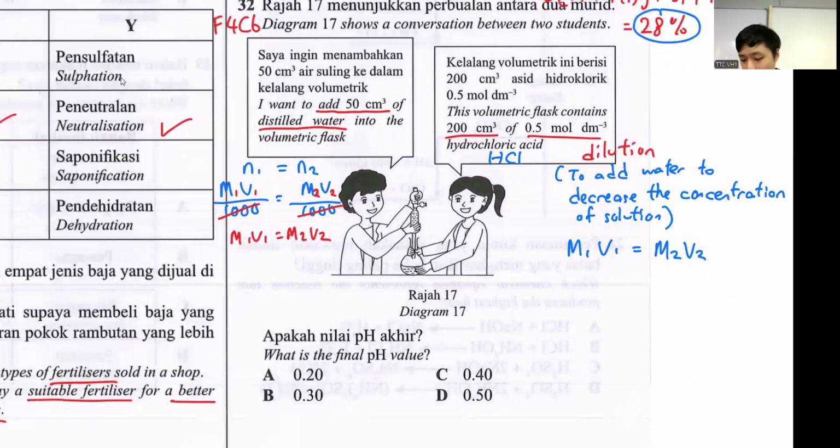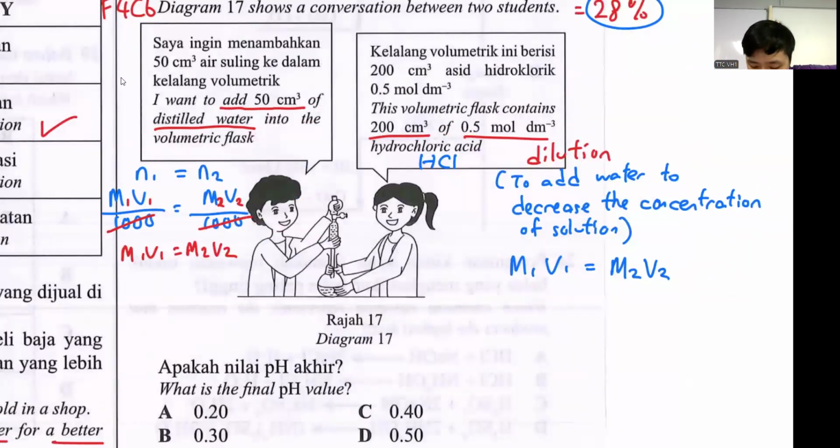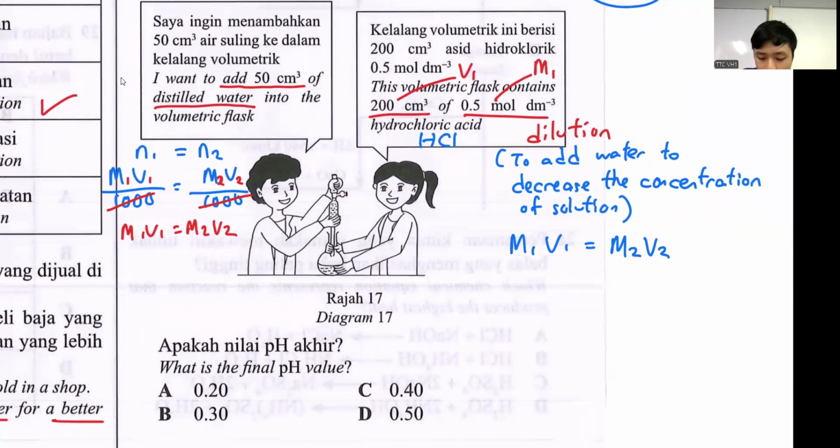So what is M1? At the beginning, the volume is 200, so 200 is V1. The concentration at the beginning is 0.5, which is M1. Then you add 50 cm³ of water, so you have the V2 information. The thing you're missing is M2, so you have to find M2. M2 equals M1V1 divided by V2.